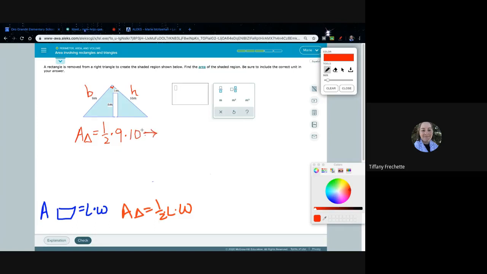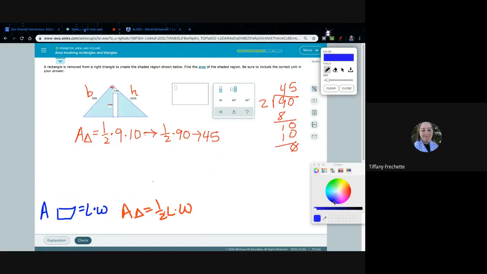So now we're going to have 1/2 times 90, and I want half of 90. So I'm going to divide by 2, and I get, let's see, 4 and 0 and 1, and then I get 5 for 10, and I get nothing left over. So my triangle has an area of 45.